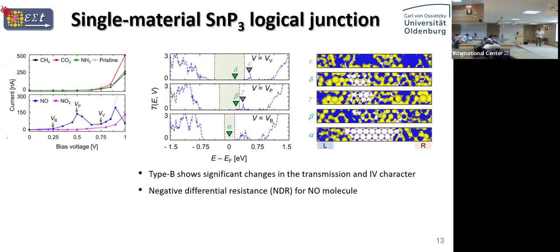So essentially, as I was trying to explain on the method slide, the current is actually an integration of all the states that are inside the bias window, right? And how large the bias window is depends on your voltage. As you can see here, from this small voltage, you have a small window.